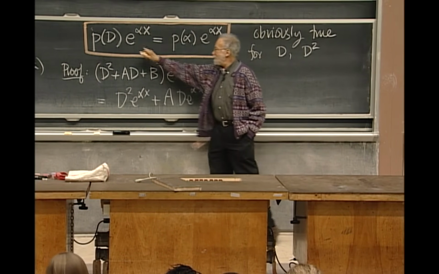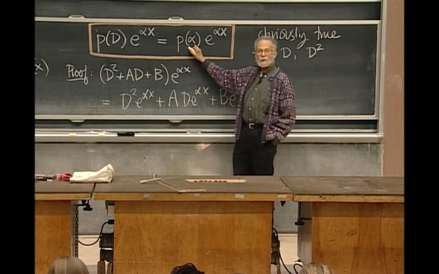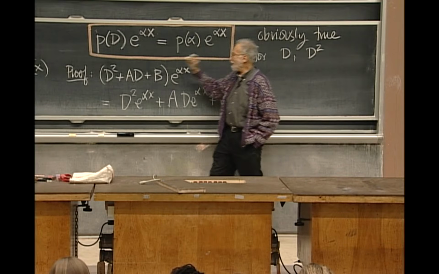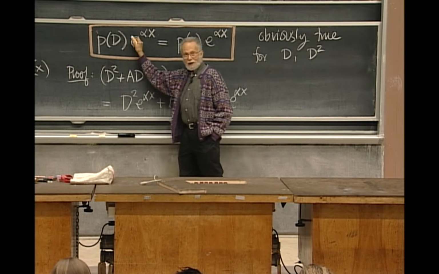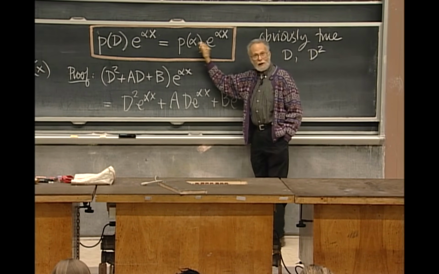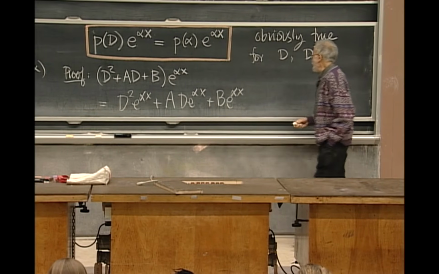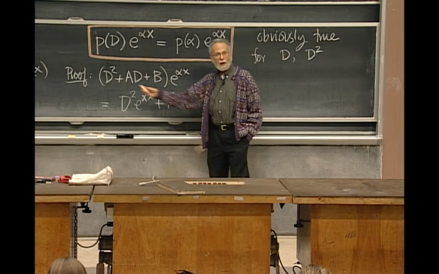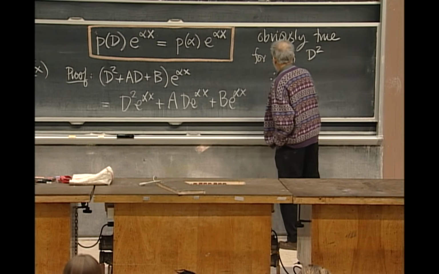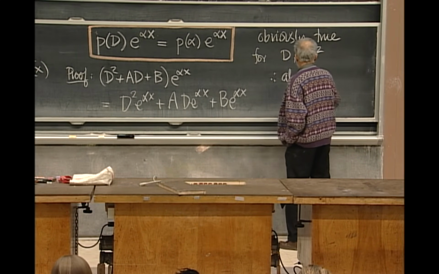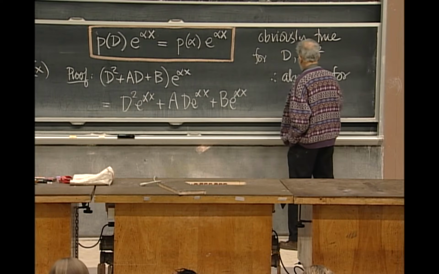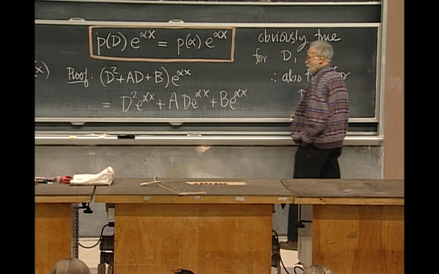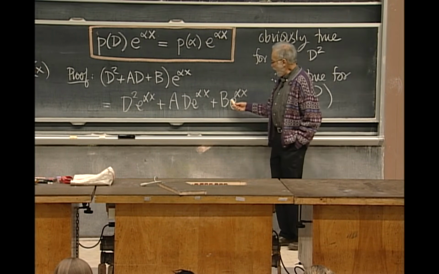In other words, D of e to the alpha x equals alpha times e to the alpha x. D squared times e to the alpha x equals alpha squared times e to the alpha x. And therefore, it's true for linear combinations of these as well by linearity. So therefore, also true for P of D. And in fact, if you calculate it out, what is this?